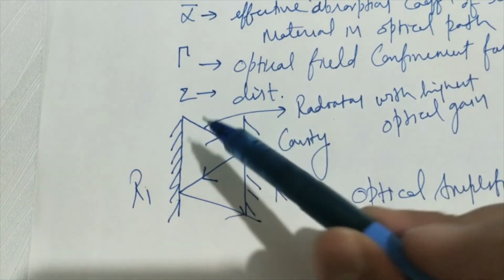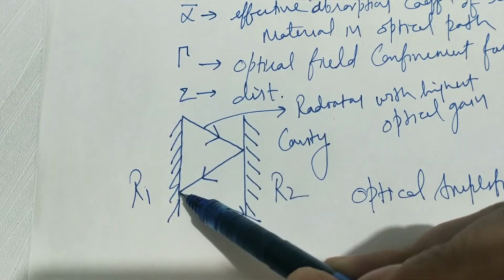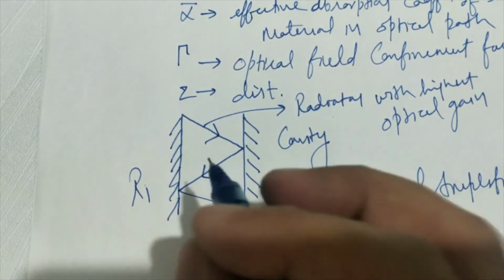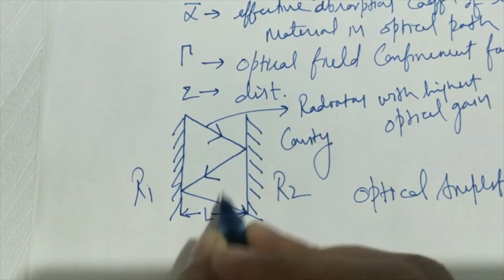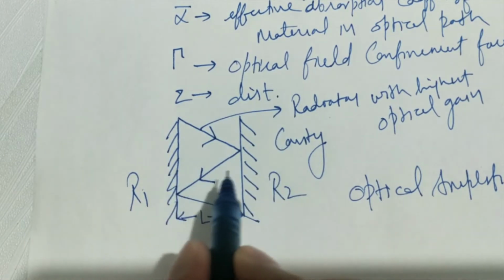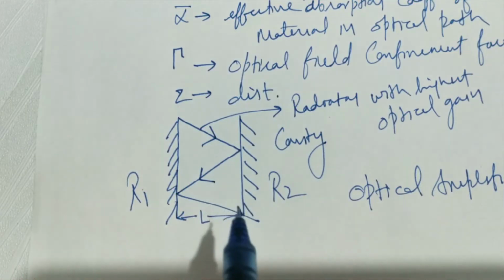The light entering here will amplify after traveling a distance L. The distance between the two mirrors is L, and it travels L plus L distance.